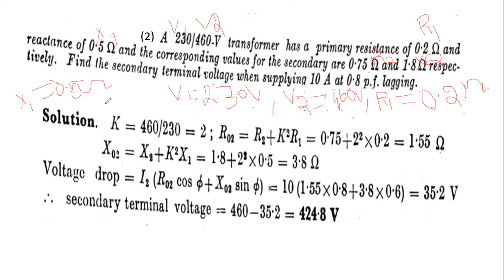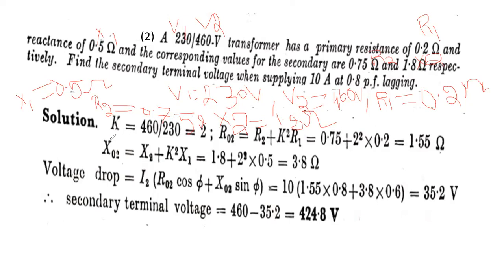And the secondary resistance, that is R2, is equal to 0.75 ohms. And X2 is equal to 1.8 ohms.